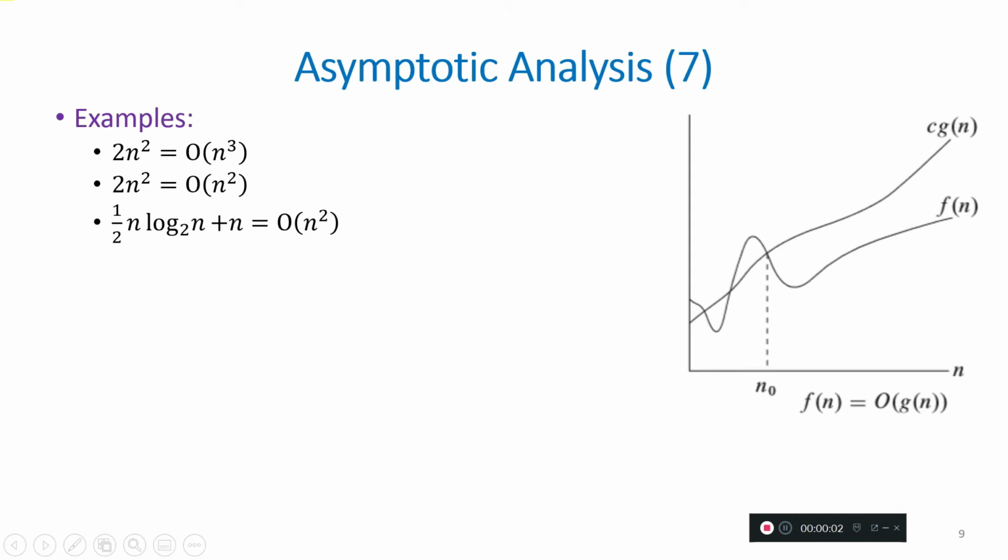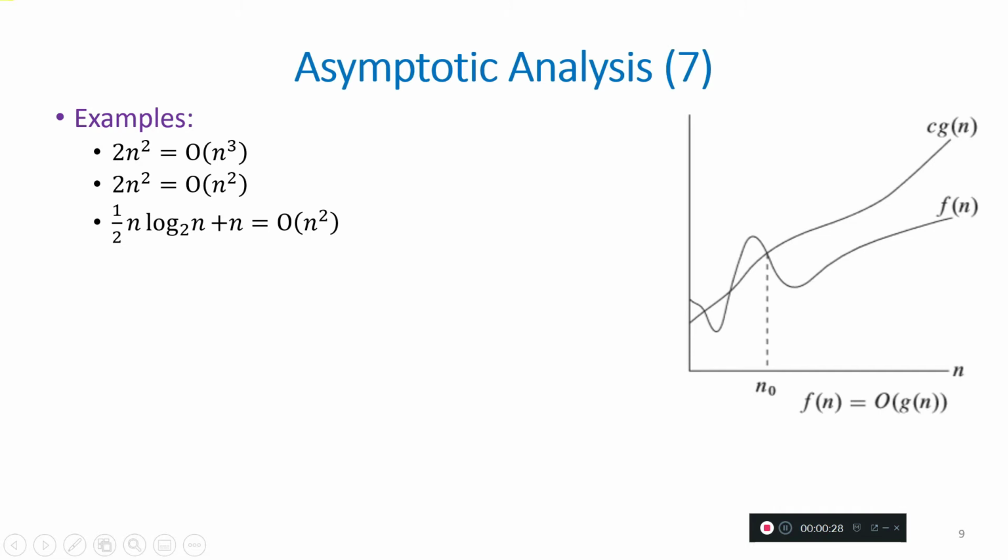Some simple examples are also given over here. For example, 2n squared is equal to big O n cubed, which is true because n cubed has a higher order as compared to n squared. 2n squared is also equal to big O of n squared because n squared is bounded by n squared itself.